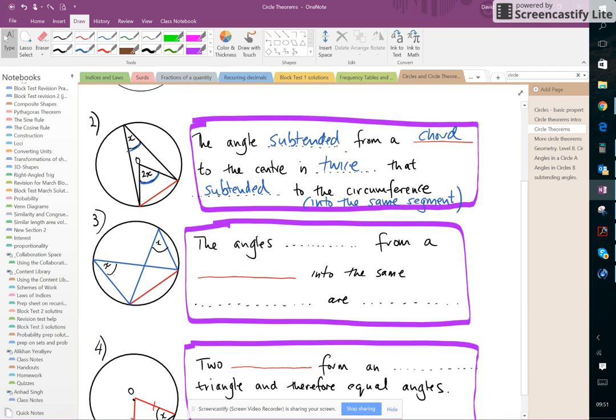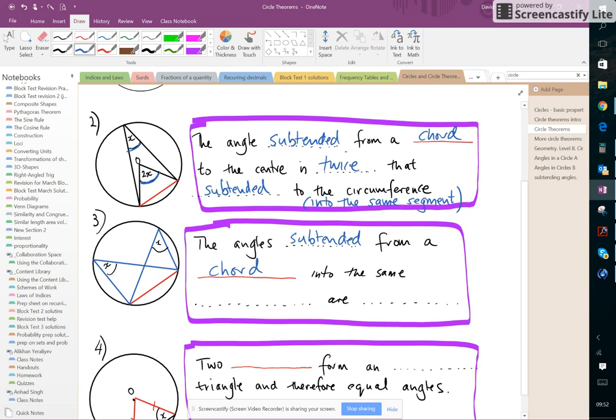Number 3. So again, we're subtending angles. This time we're subtending angles from this chord. So we'll write chord in there. The angles subtended from a chord. So this angle is subtended from this chord, and this angle is also subtended from the red chord, and they're equal.